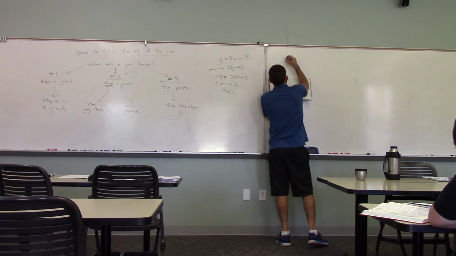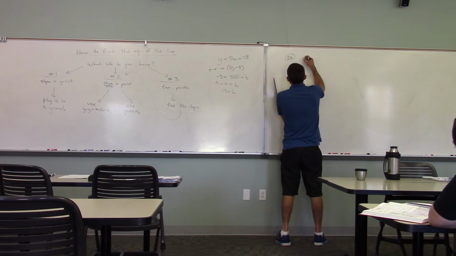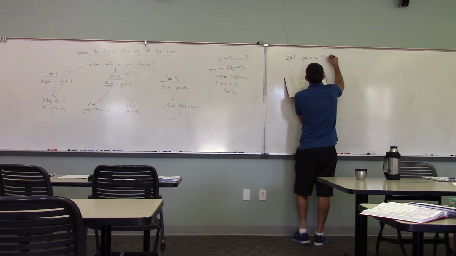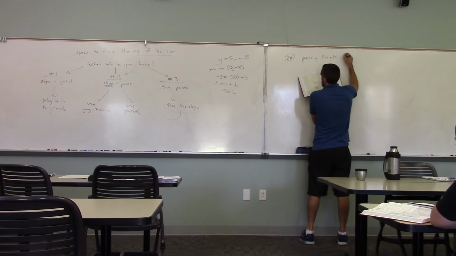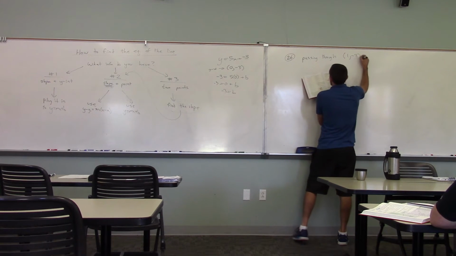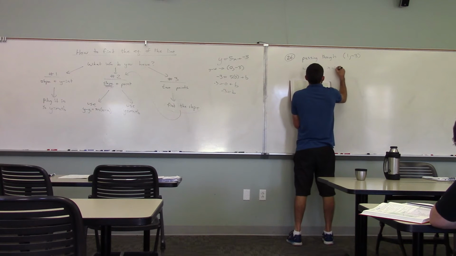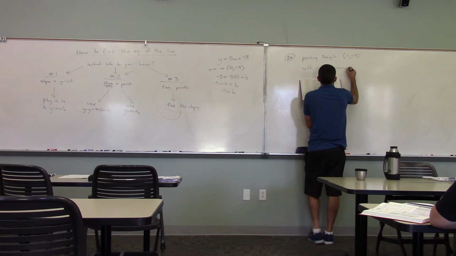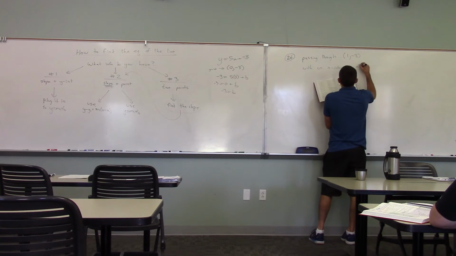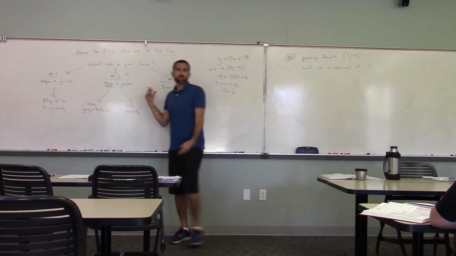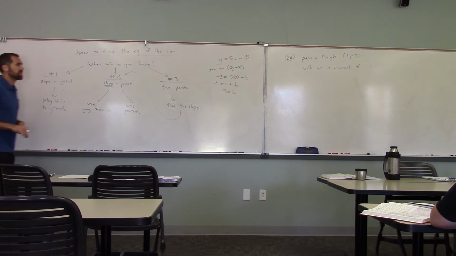I love the hidden messages. It's passing through (1, -3) with an x-intercept of -1. So what situation is it really? There's only three possibilities. Which situation is it?